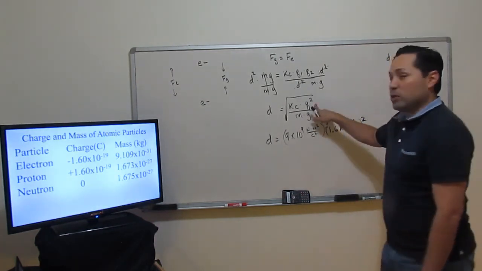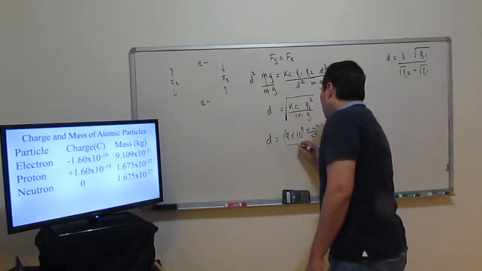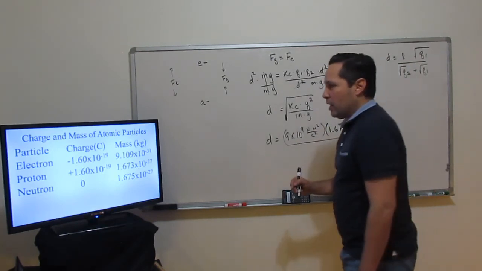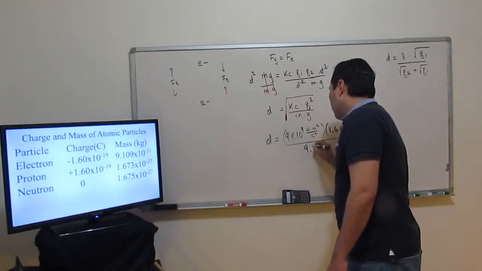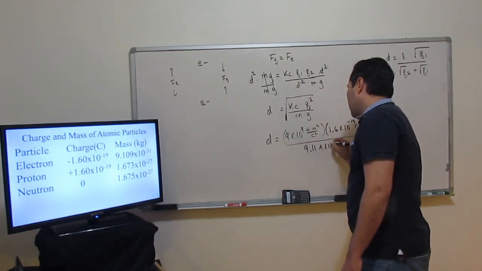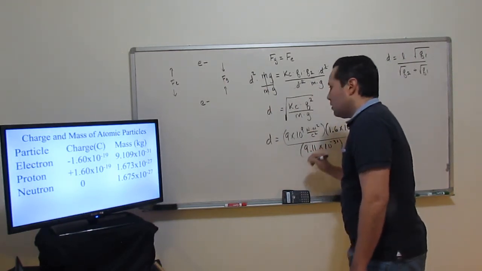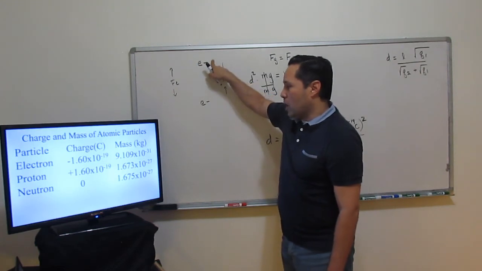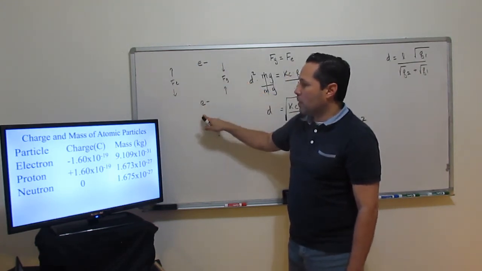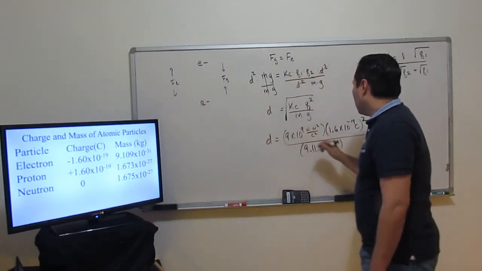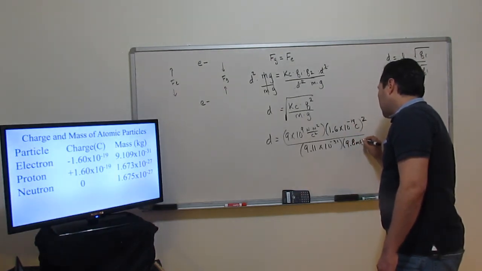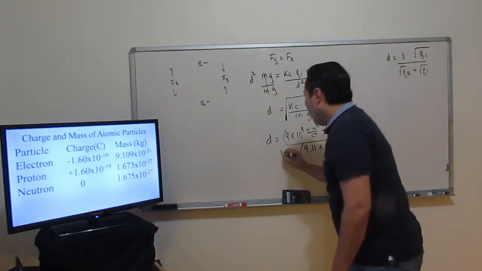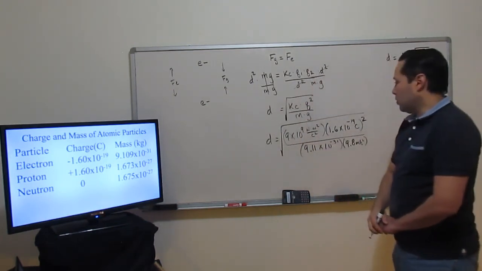And we're going to square that because there are two electrons. I'm going to divide by the mass of the electron. Rounded off slightly, it's 9.11 times 10 to the negative 31. That's the mass of the electron on top. We don't care about the electron on the bottom. And gravity, 9.8 meters per second squared. This whole thing is square rooted.